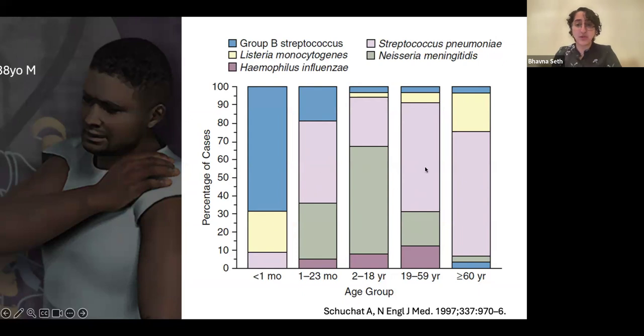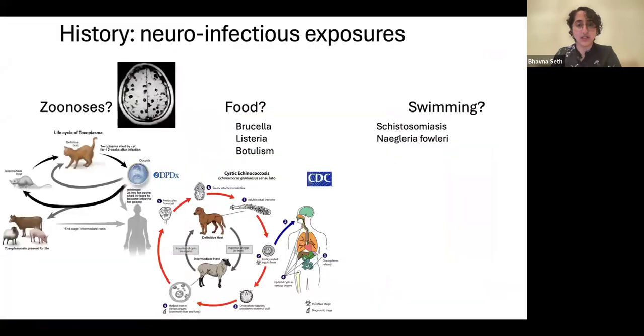This changes over one's life course. However, this data comes from a US-based population, so there's a possibility that it may vary in different contexts, but it is a helpful framework for our initial empiric coverage of antibiotics when we don't have a bacterial diagnosis.